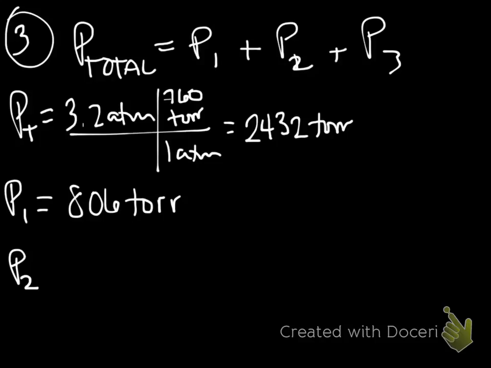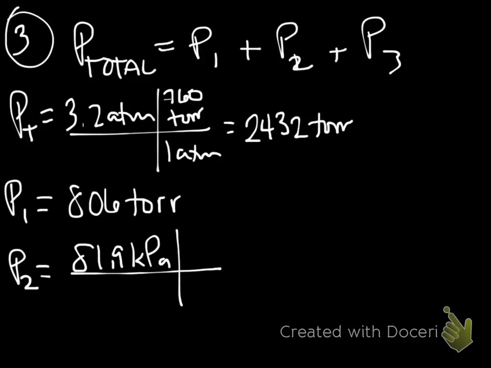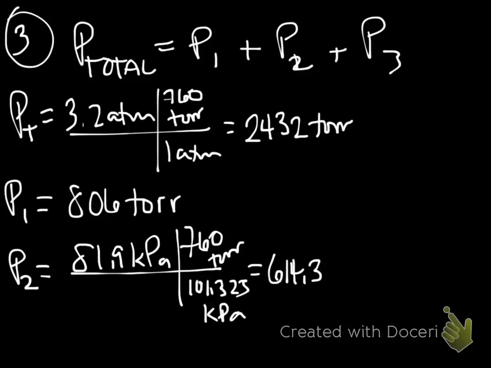And P2 was given to us as 81.9 kilopascals. We have to convert that one, and we know that 760 torr are equal to 101.325 kilopascals. So that gives us 614.3005181 torr.